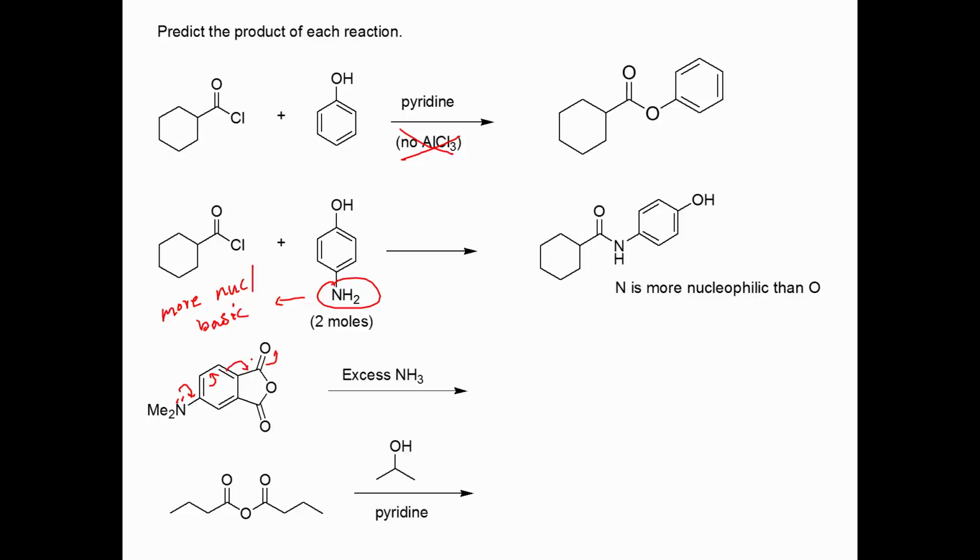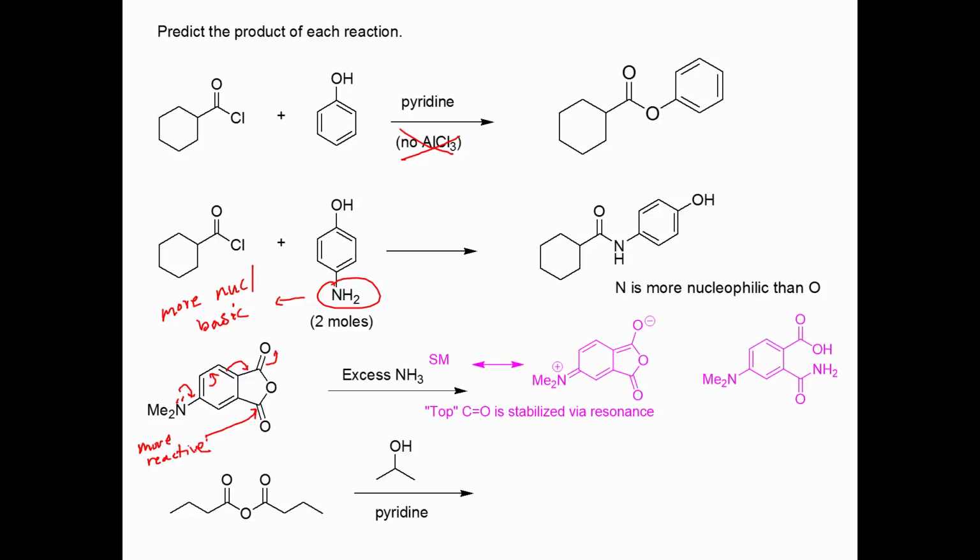So this one is stabilized by resonance, the top one. The bottom one is not stabilized by resonance, so this one is going to be more reactive. And so when we do this reaction, we're expecting to produce the product that you see over to the right, the one where the NH2 is in the bottom carbonyl group.